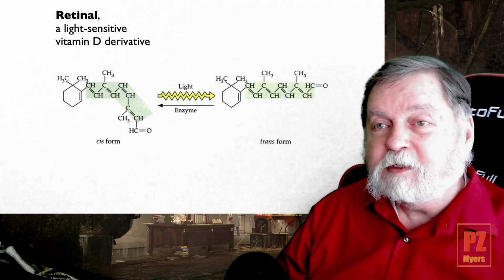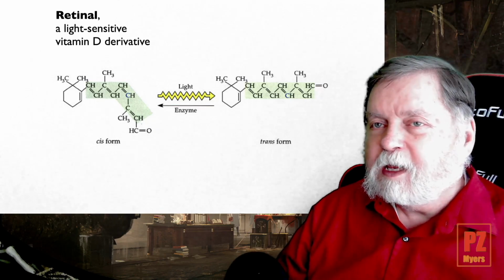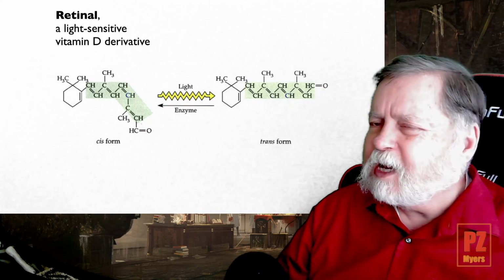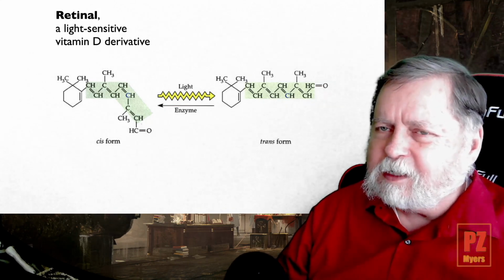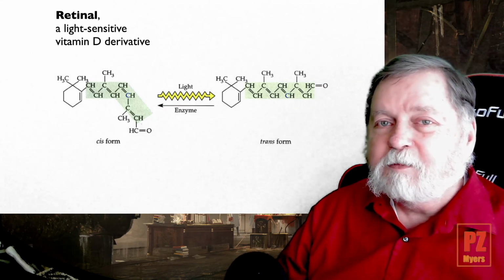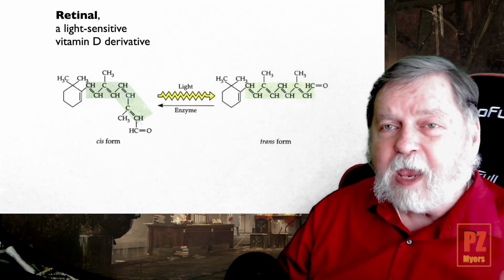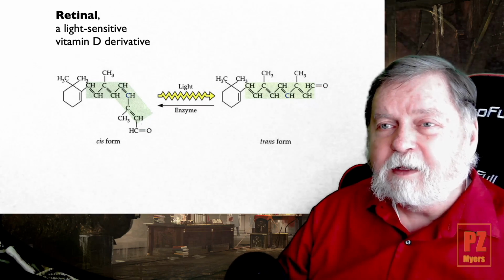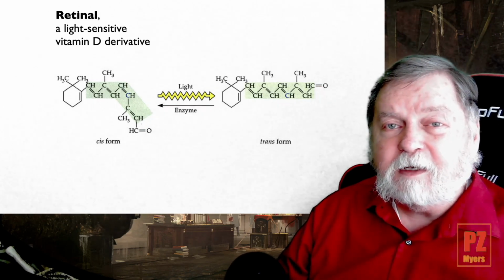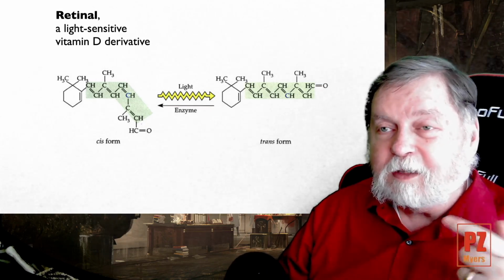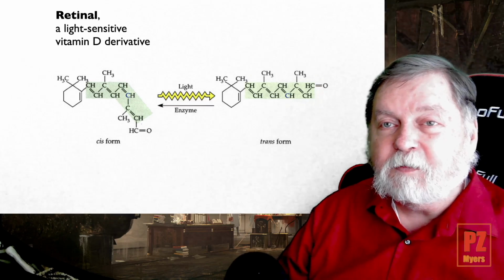And there's a hypothesis going around that, hey, this could have been an easy way to get some energy. It's not very efficient. You don't get a lot of energy out of it. But you can imagine that early in evolution, cells had retinal, and they could use it to bask in the sun and generate a little bit of energy that they could then use in metabolic processes.